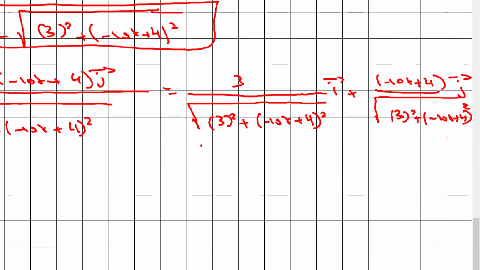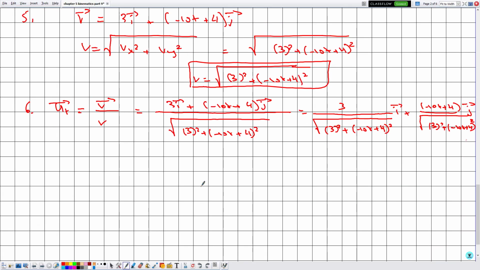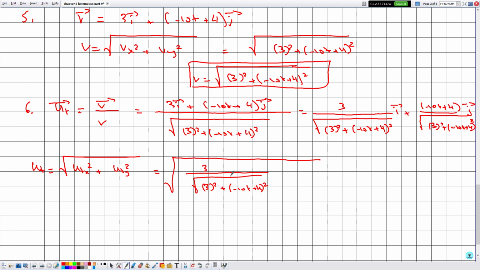So this is a vector, this is its x component utx, and this is its y component uty. Then its magnitude ut is given by the square root of utx squared plus uty squared. Then its x component is given by this, raised to the power 2, plus its y component raised to the power 2.